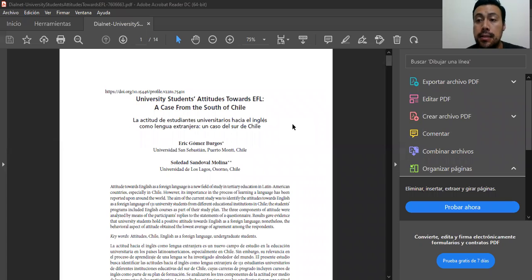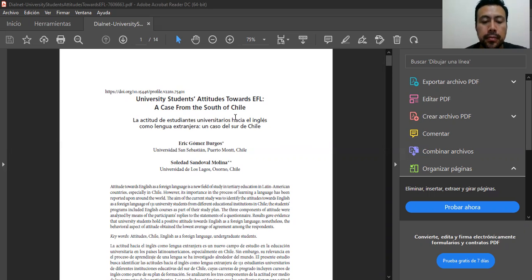It means the title, author or authors, and affiliations, the abstract, introduction, methods or methodology, results and discussions, conclusions, and reference.